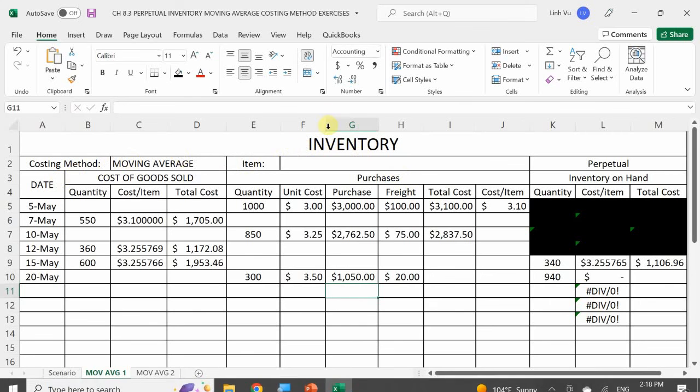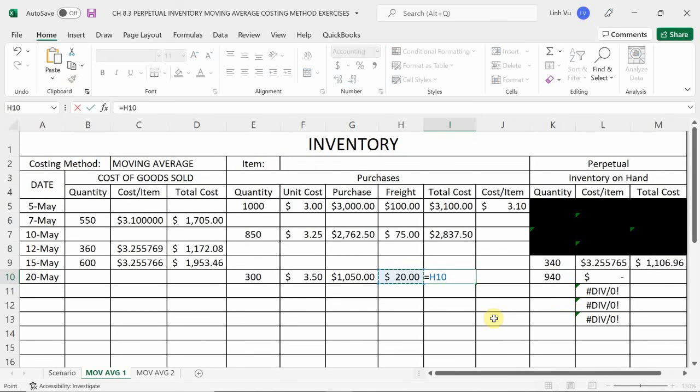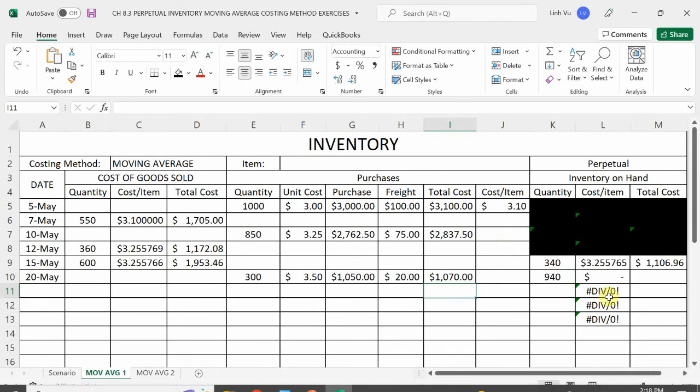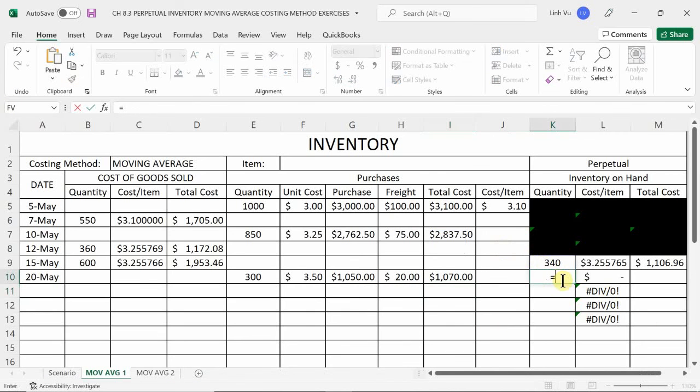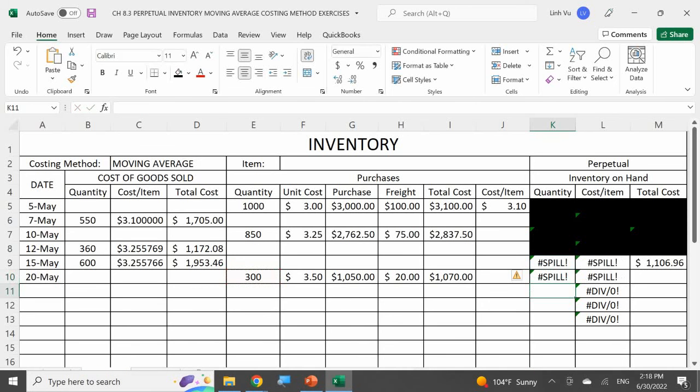Plus 20, 1,070. Oh, wait. I don't know what I'm doing. Sorry. There you go. 1,070. So that's going to bring my total quantity to be 640.